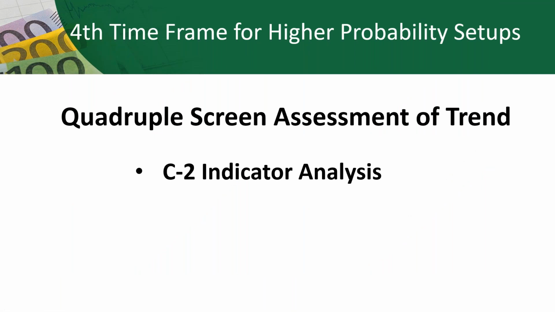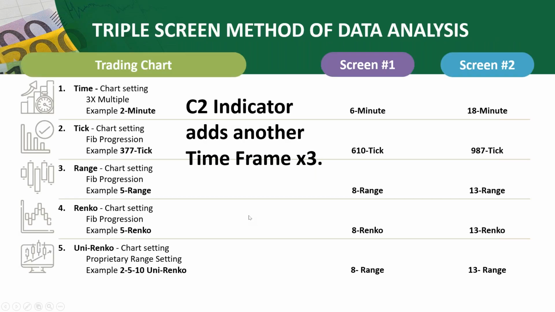So the next thing is we took it one step further and we created our C2 indicator. So now we're not looking at triple screen assessment, we're looking at quadruple screen assessment, which basically in layman's terms means we have 4 time frames in agreement, we have a solid trend with 4 time frames in agreement. That's what gives us our highest probability trades.